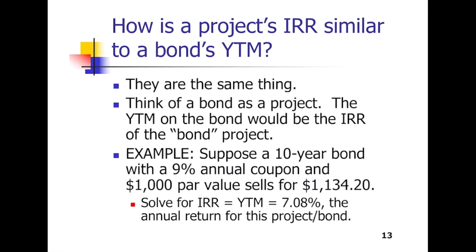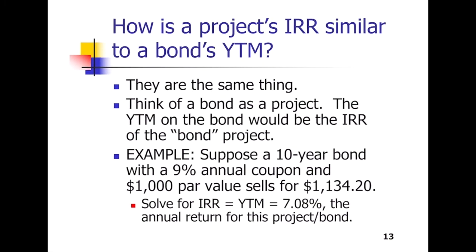So this slide shows how the project IRR is similar to a bond yield to maturity. The NPV formula can be written like this. The NPV is CF0, the cash flow at 0, that is the initial cost, right?